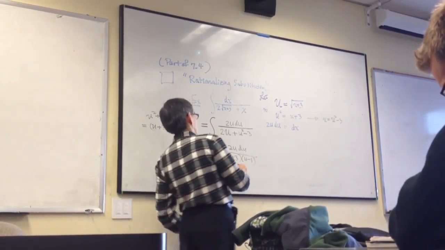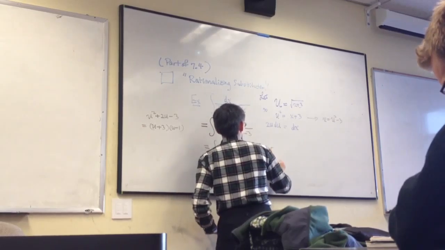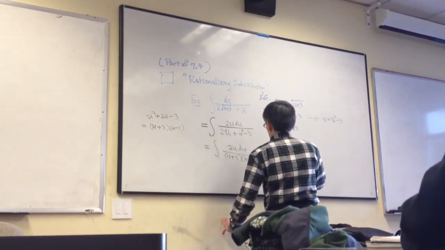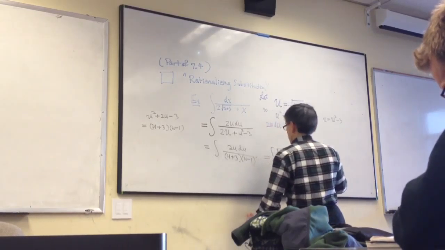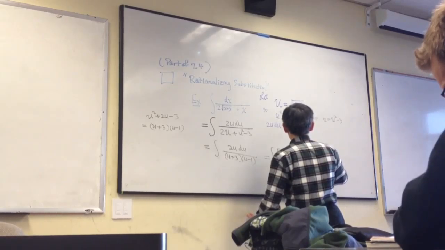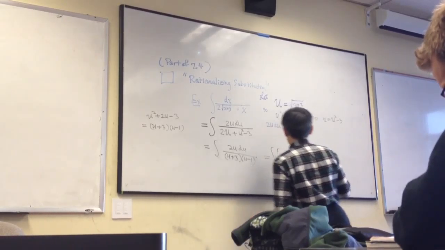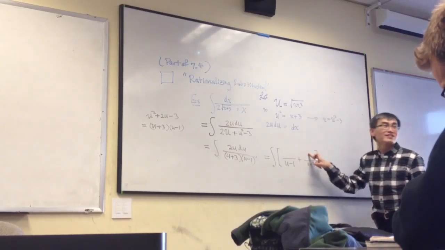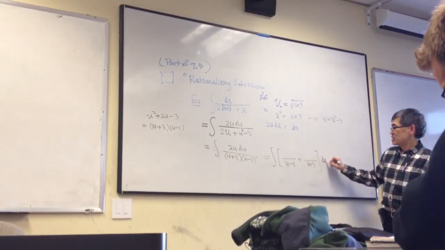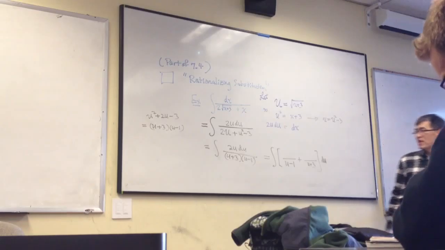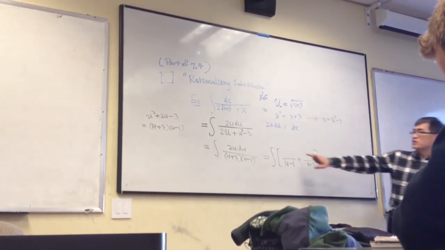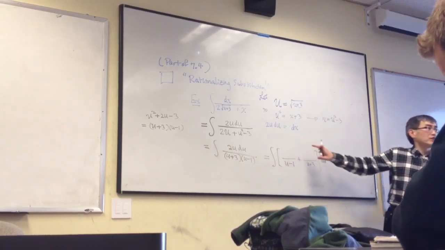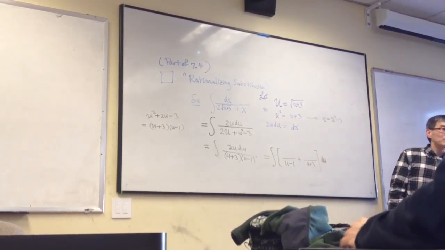And then this one can be written as 2u over (u minus 1)(u plus 3) du, right? And you just play with it. You can formally call this A and call this B and do the thing that you would do, right?